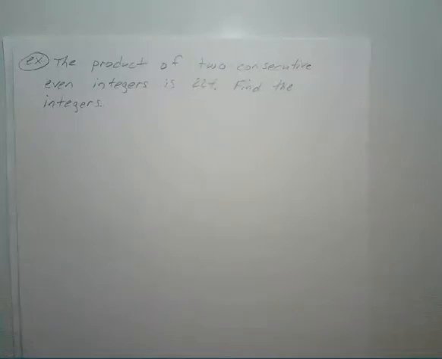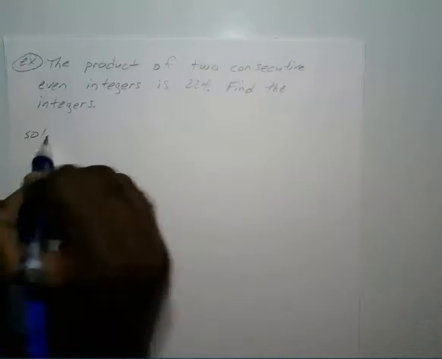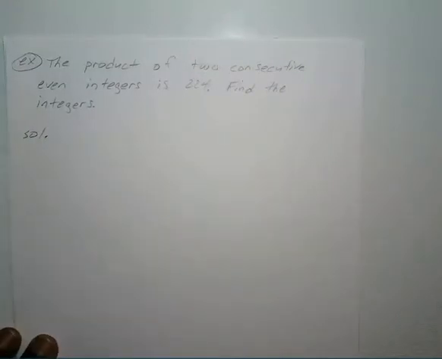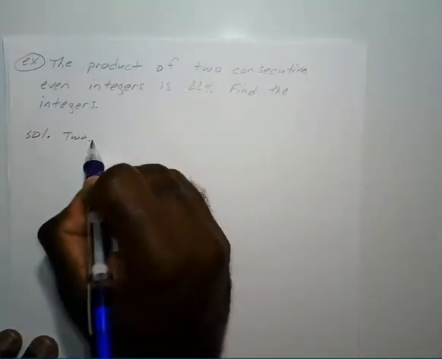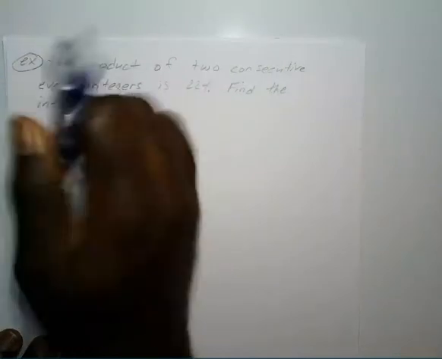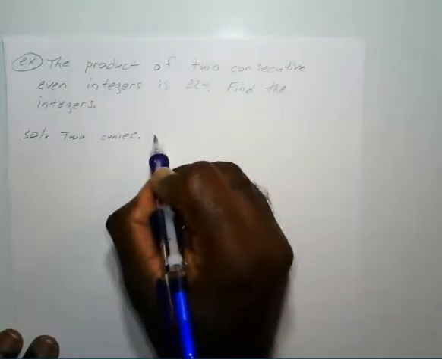For our next example, we have: the product of 2 consecutive even integers is 224. Find the integers. The first thing we want to look at is 2 consecutive even integers.